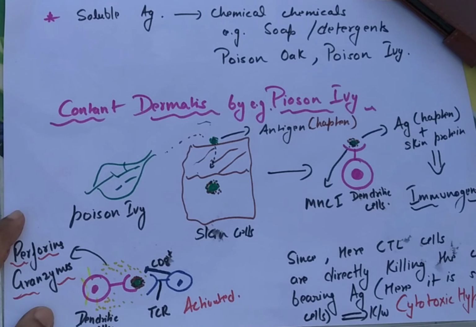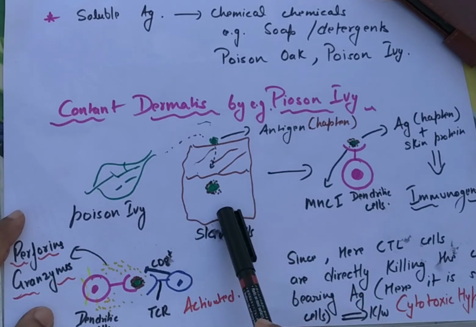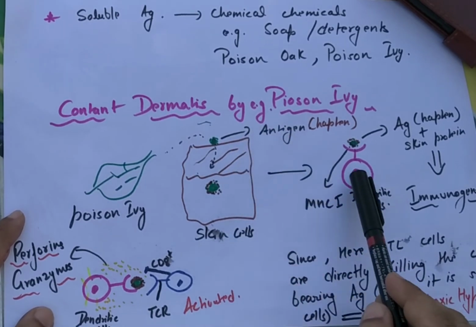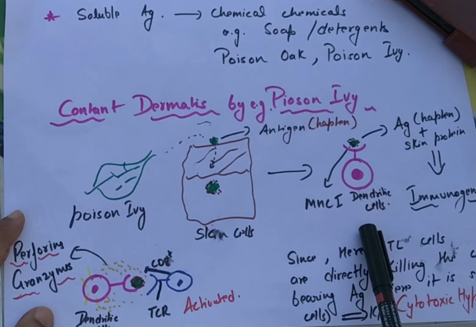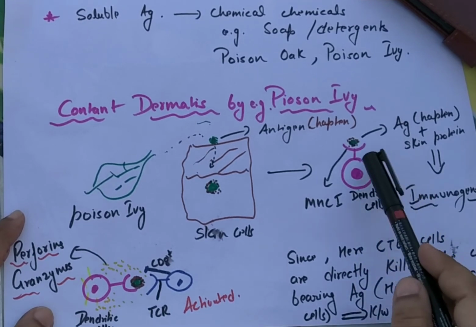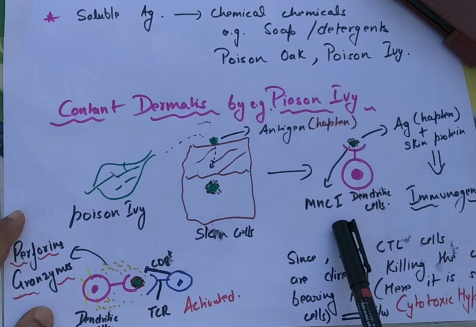Since these antigens are actually haptens, and there's a difference between a hapten and an immunogen, what will happen? They will pick up some skin proteins and become immunogenic. Then these immunogenic haptens will be captured by APCs, specifically dendritic cells, and they present the antigen on their surface in complex with MHC1.